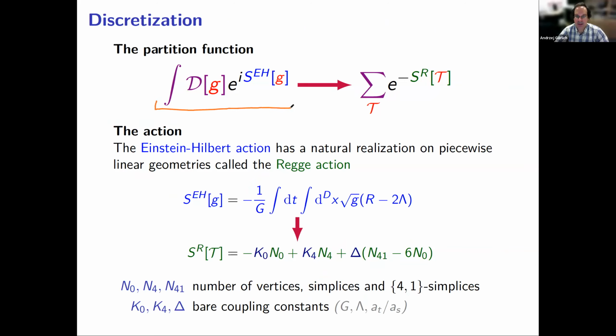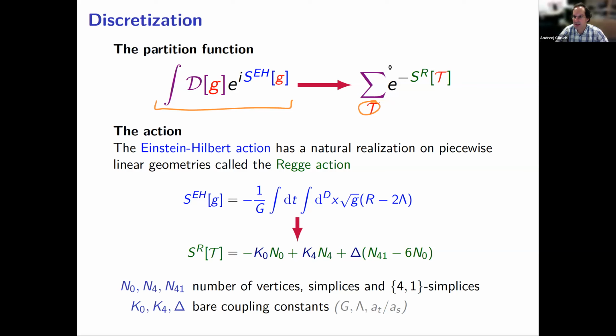This is the formal gravitational path integral. We will regularize the geometry with triangulation, so we are now summing over triangulations. We also perform Wick rotation, which is well defined because of the causality condition, which enforces that our geometries are globally hyperbolic, and we can foliate the triangulation with leaves, and we have a distinction between time-like and space-like links, and this allows us to perform the Wick rotation.